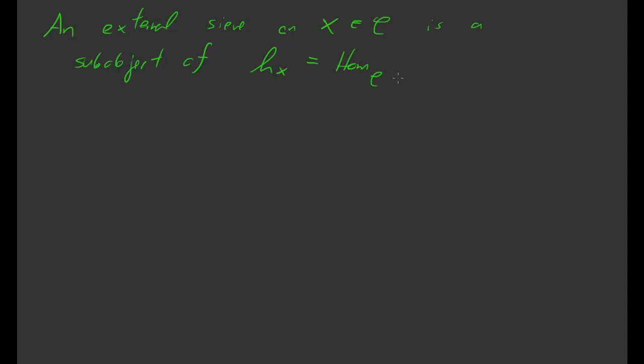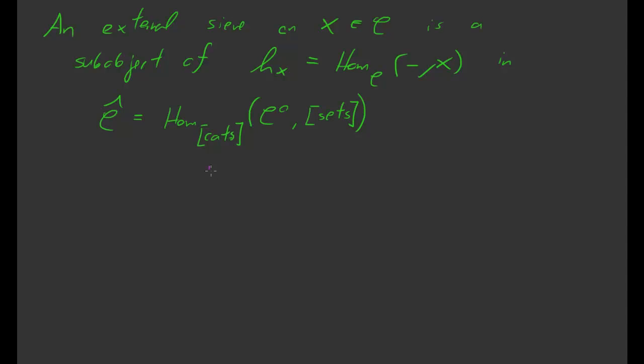An external sieve on X inside of C is a subobject of H of X, which is equal to Hom in C with codomain X, in C hat, which is equal to Hom in the category of categories, from C op into sets.